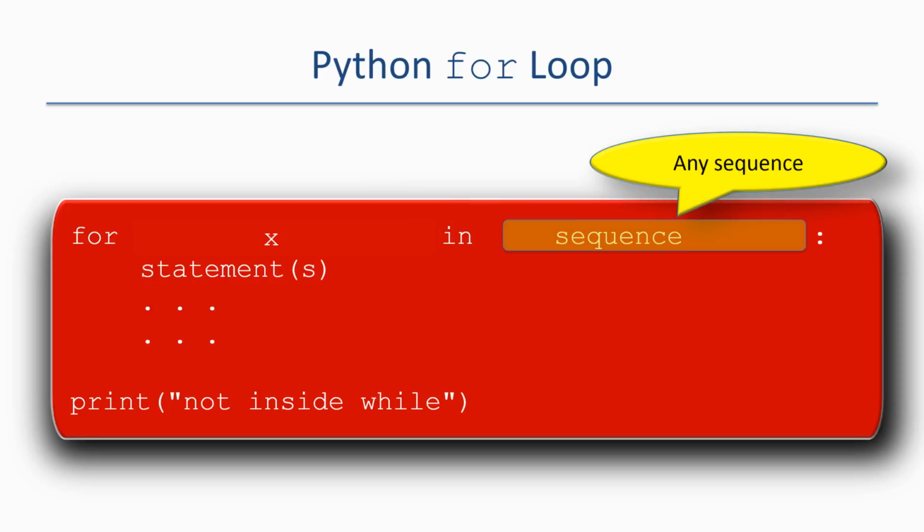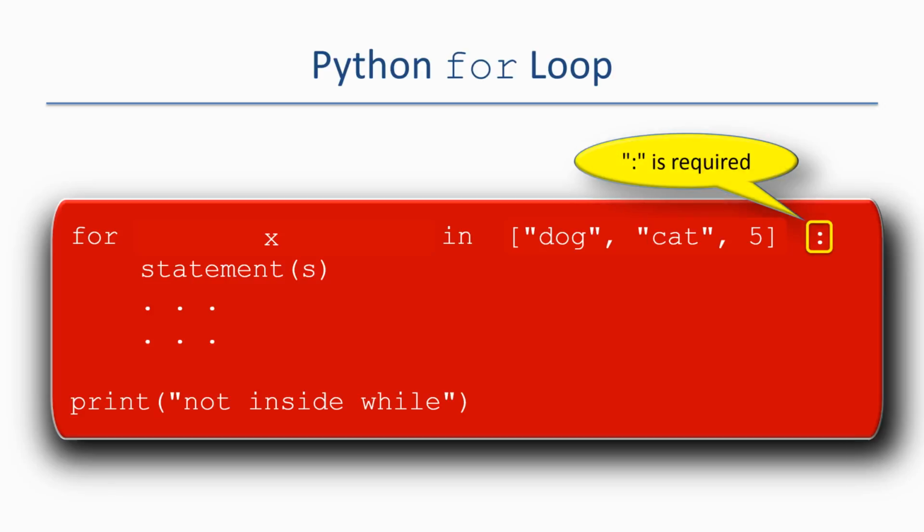After the in, there should be a sequence. For example, you may put a list or any other sequence that you want. In this example, I'm using a list with 3 elements. And after the sequence, you must use a colon. Colon is always required.